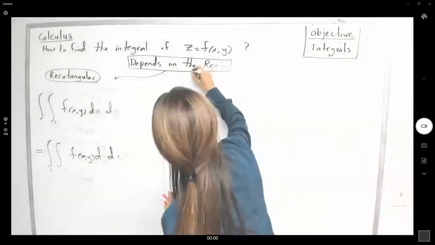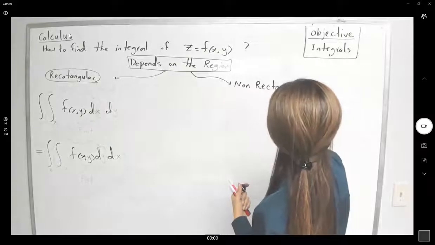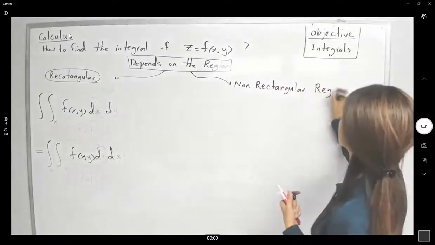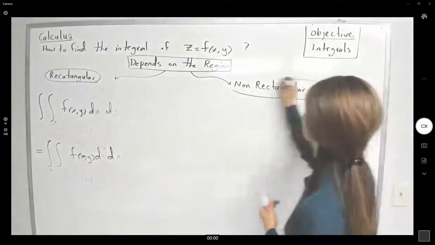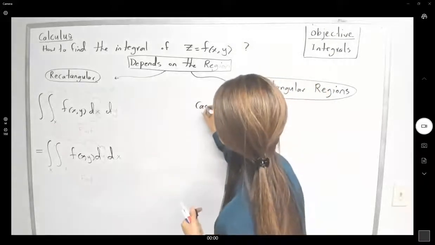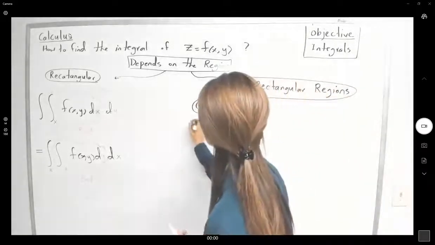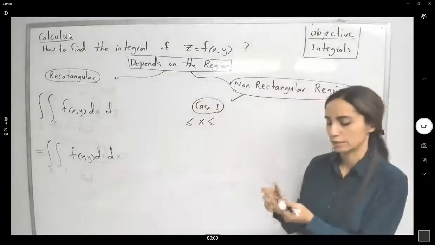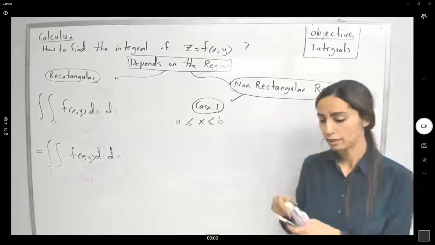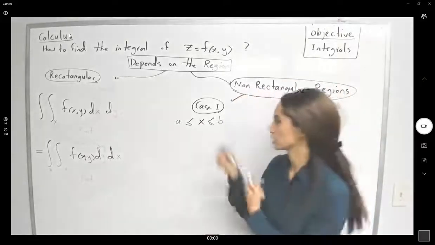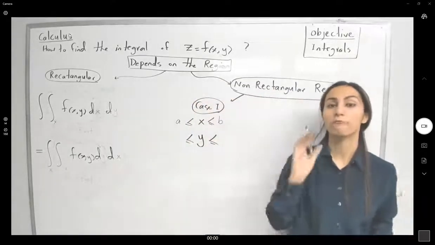So when it comes to non-rectangular regions, we have two cases. Case one is the case that your x is bounded between a and b. Your x is fixed, a and b. But your y is bounded between two functions. y is bounded between two functions that are functions of x.